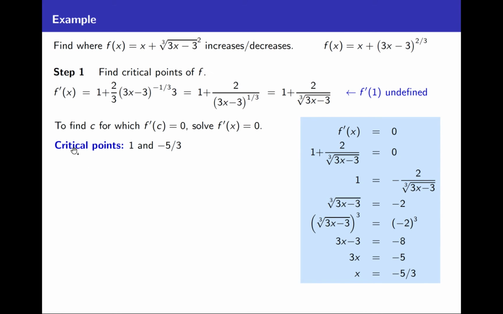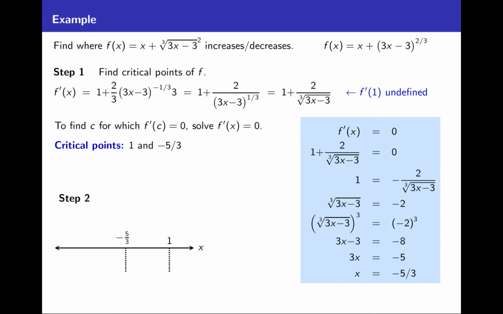So we've completed step 1. We've found the critical points of this function. They are 1 and negative 5/3. 1 makes the derivative undefined, and negative 5/3 makes the derivative 0 when it's plugged in. Let's move on to step 2.